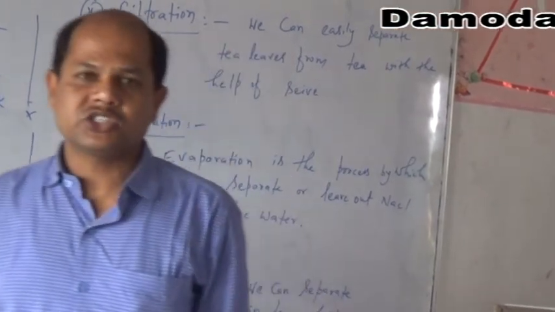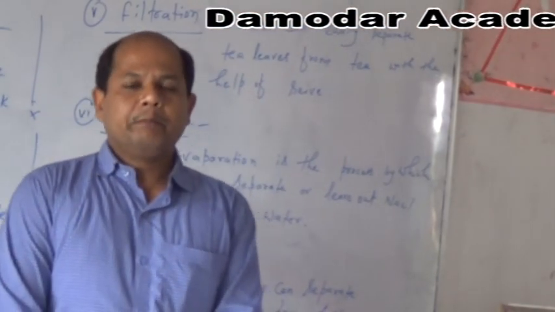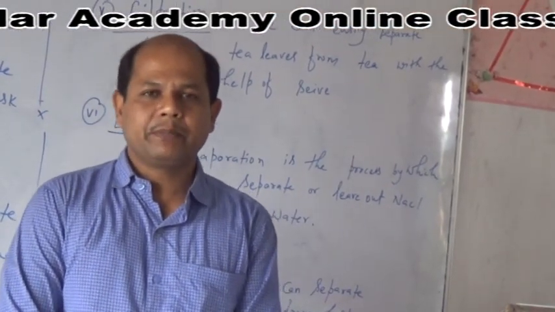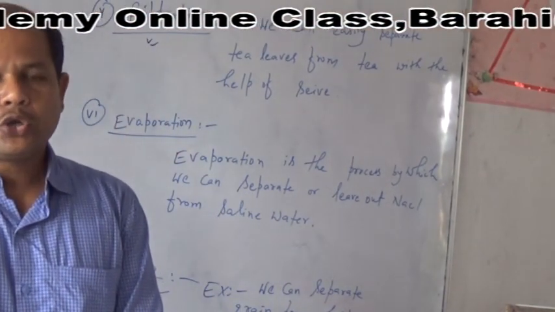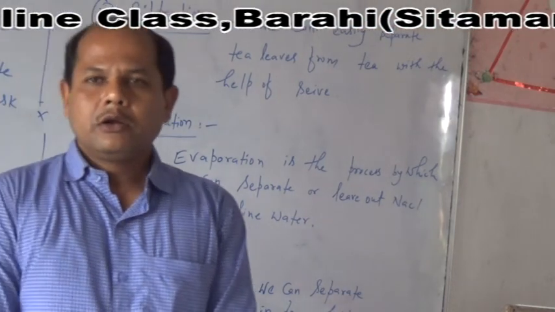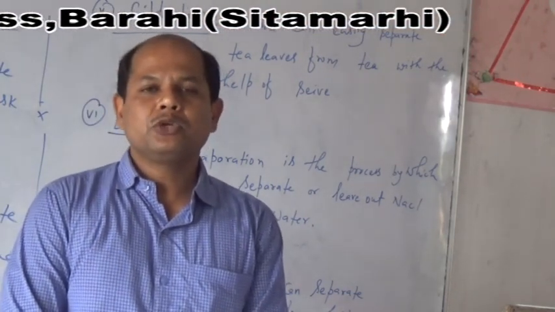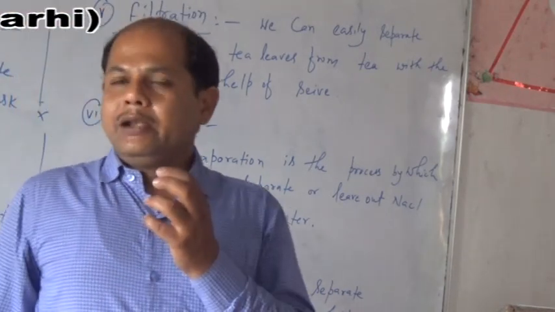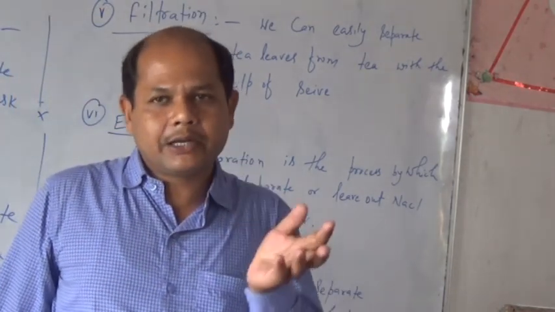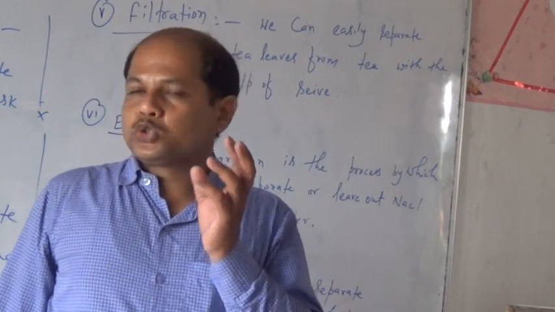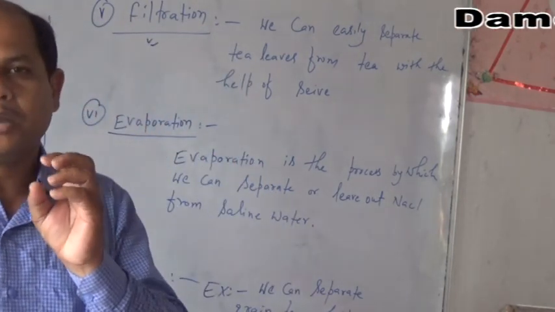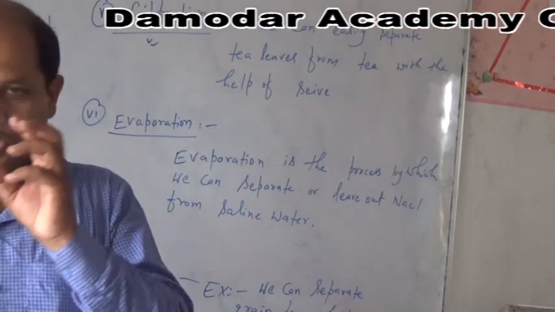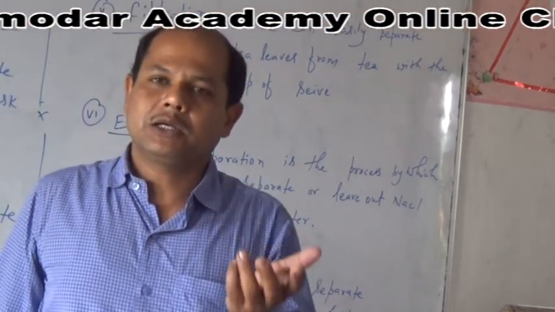Here we have discussed many methods by which we can separate solid impurities from useful material, liquid from waste material, and sodium chloride, that is common salt, from saline water.